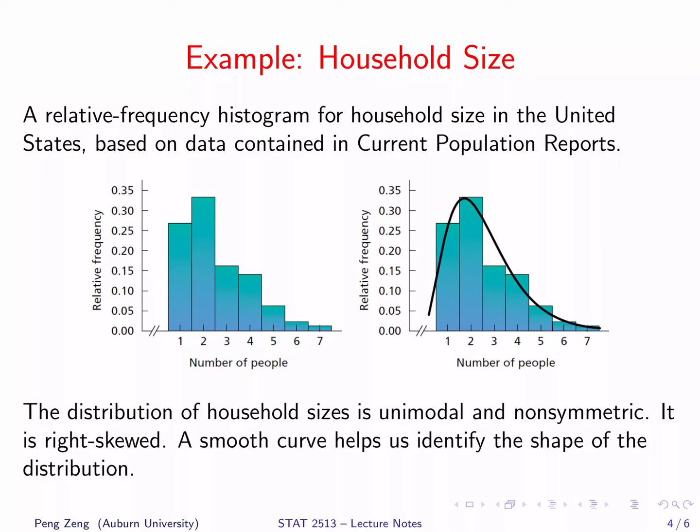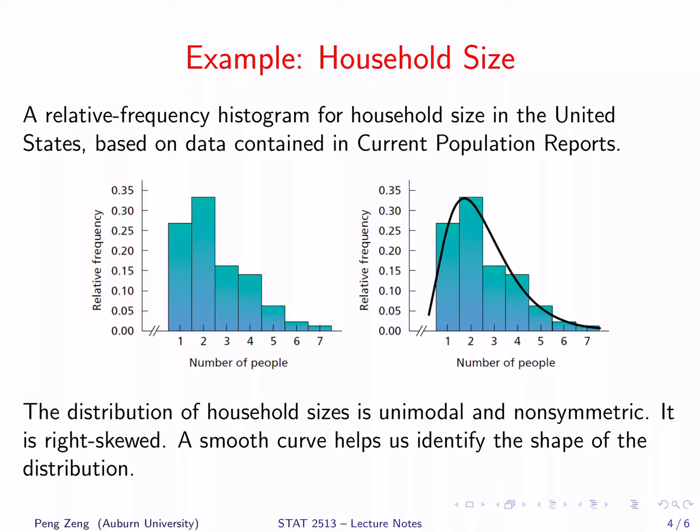This is an example showing the relative frequency histogram for household size in the United States, based on data obtained in current population reports. When we describe the shape of a distribution, we usually try to add a smooth curve to capture the trend of the histogram.